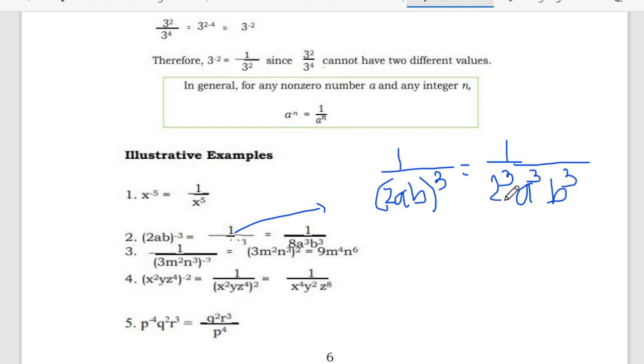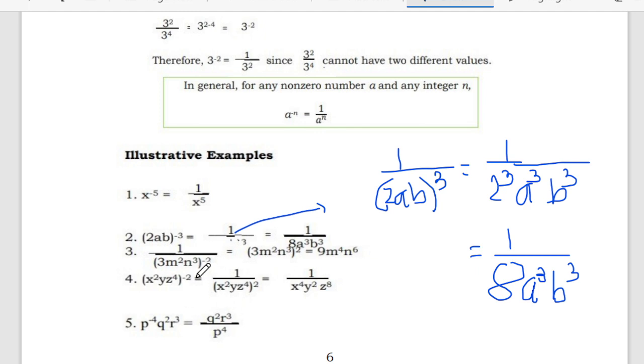And this one is 1 over 8, since 2 times 2 times 2 is 8. Then a cubed and b cubed. That is number 2.